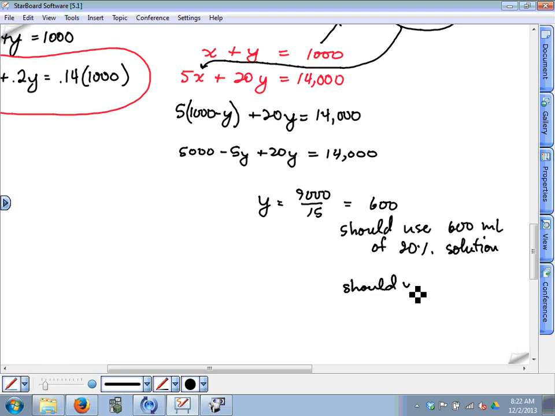So she should use 400 milliliters of the 5% solution. That's going to be 1,000 milliliters total, or 1 liter total. And if you combine 20% with 5%, you're going to end up with a mixture that's 14%.